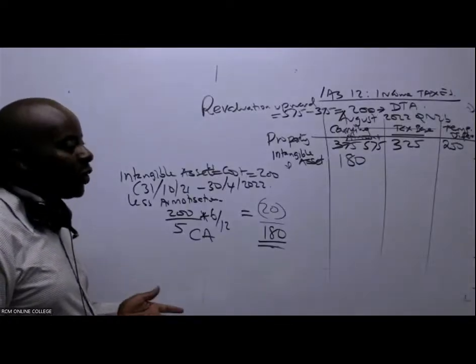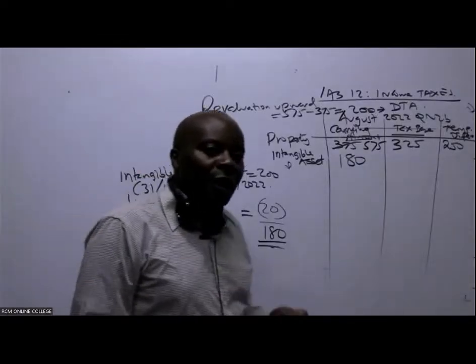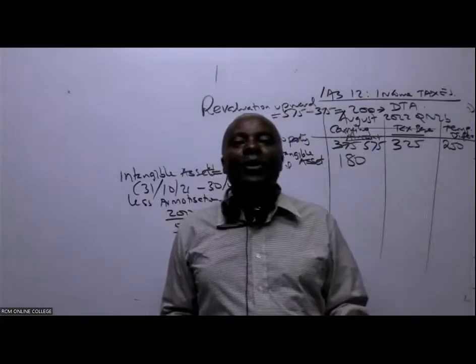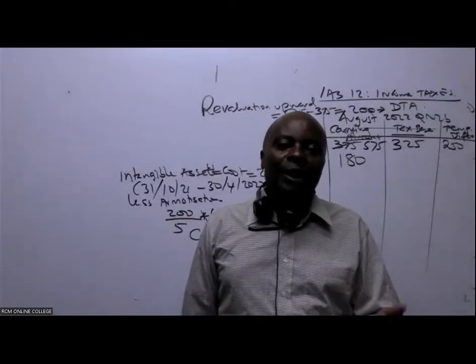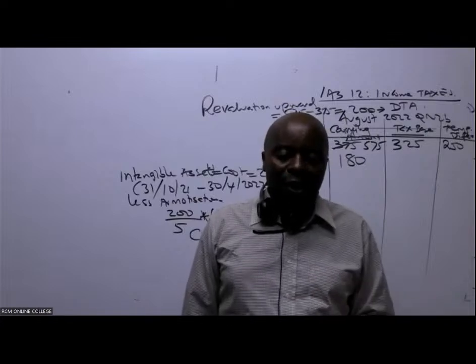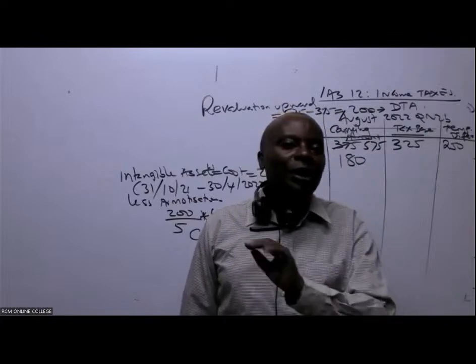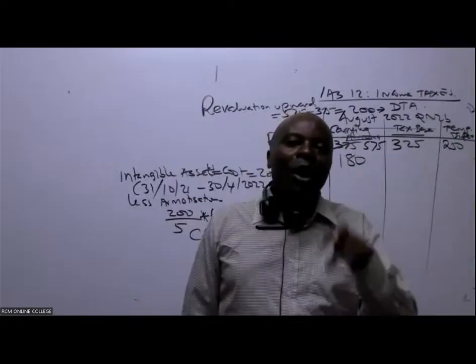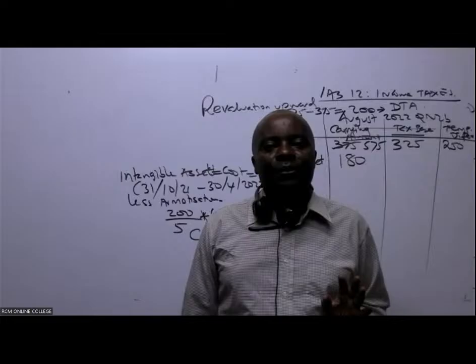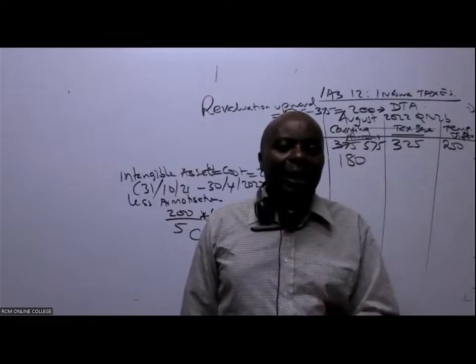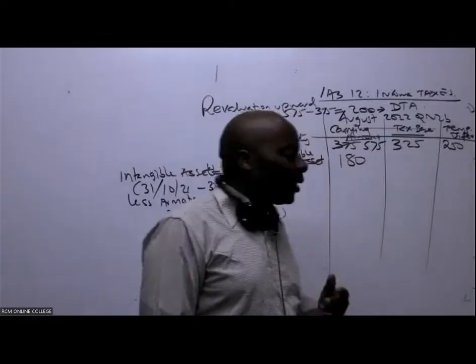This is quite easy. Remember, in most cases, for intangible assets, the government would always want to incentivize you to do research, to develop things. So the government would want to allow this in full as early as possible. You claim the whole of it.